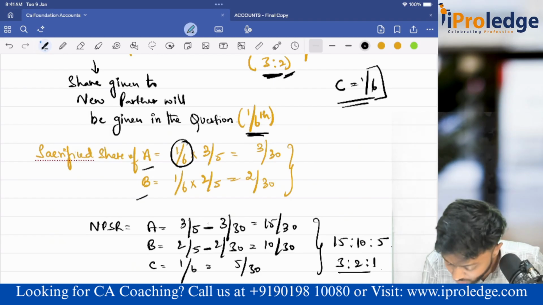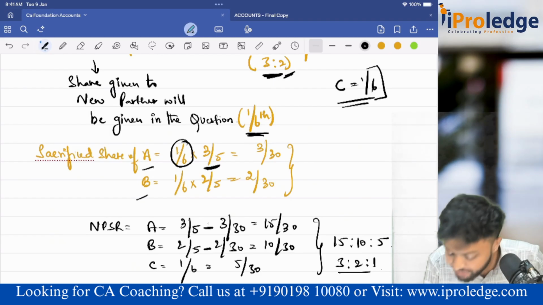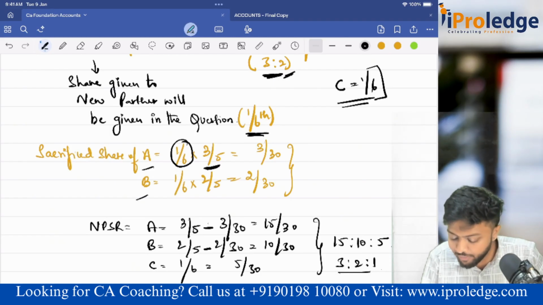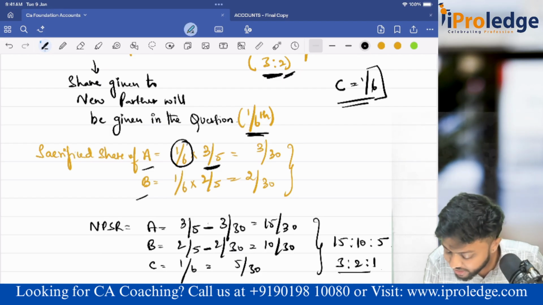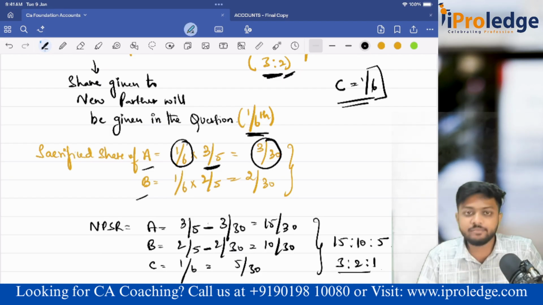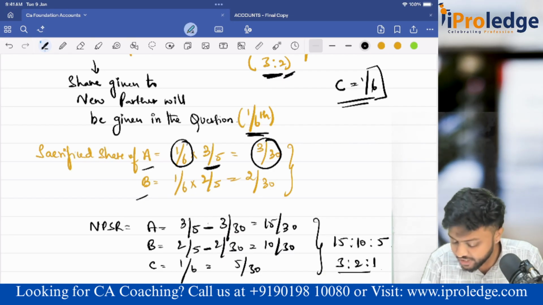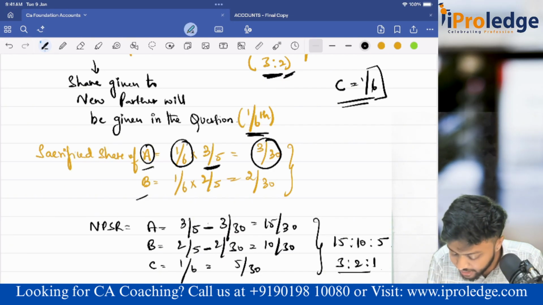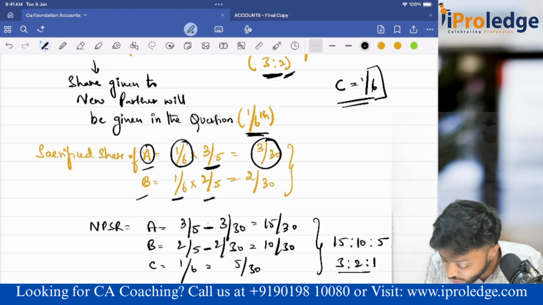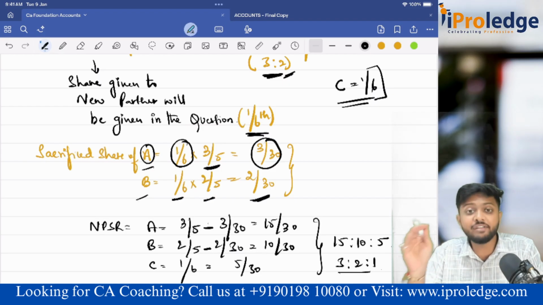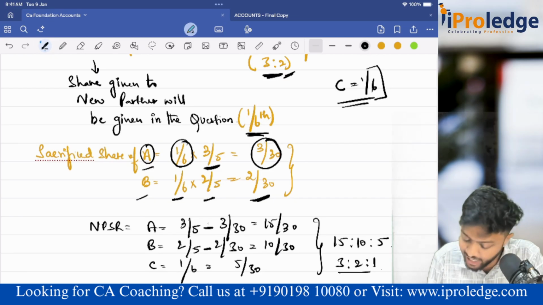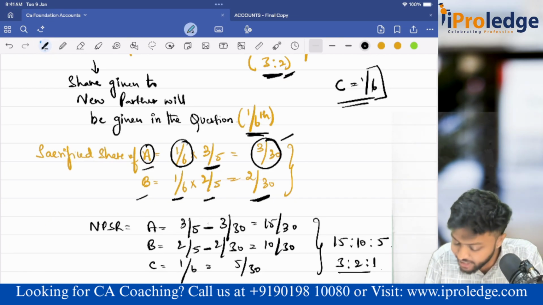A's sacrifice ratio is 3/5, so 1/6 into 3/5 is 3/30. 3/30th of the share is sacrificed by A, and 1/6 into 2/5 is 2/30th sacrificed by B. So A sacrificed 3/30th and B sacrificed 2/30th.